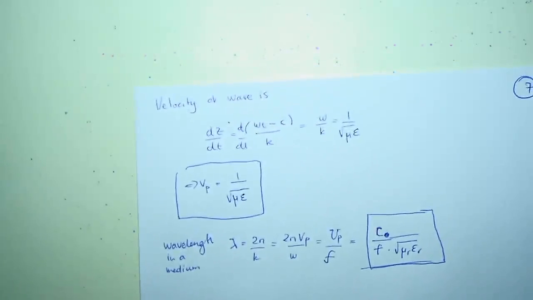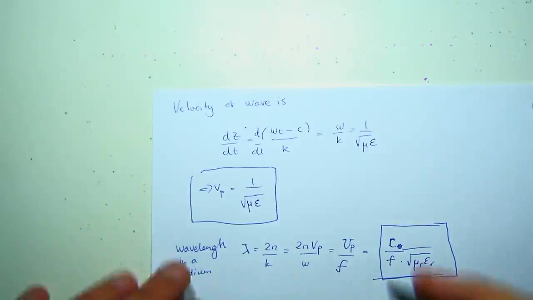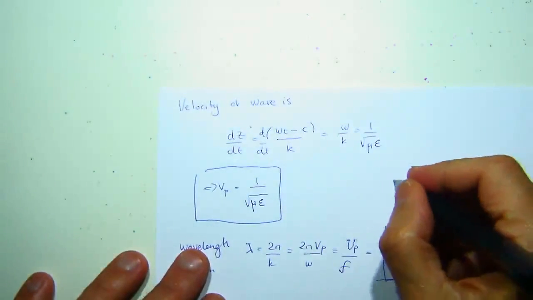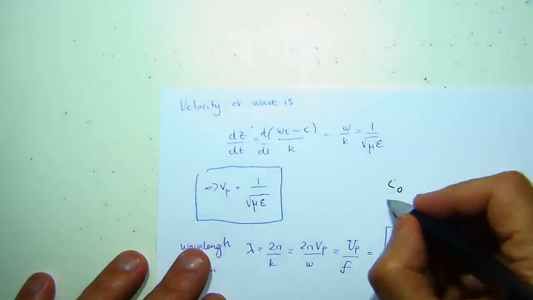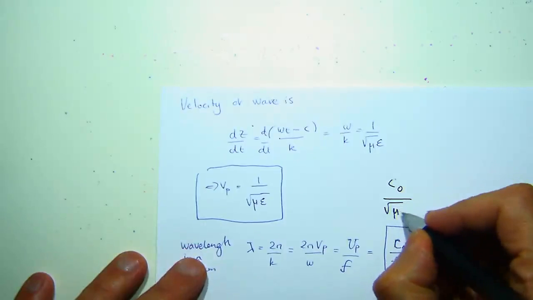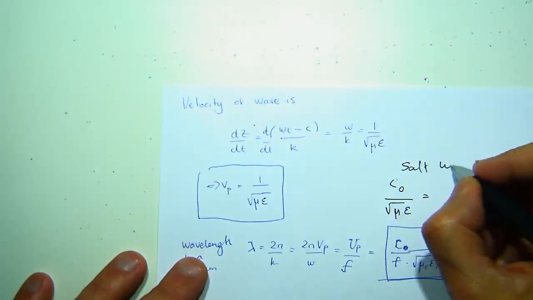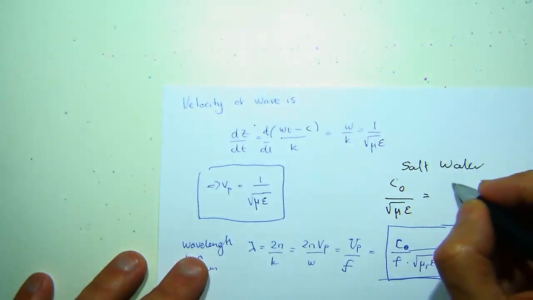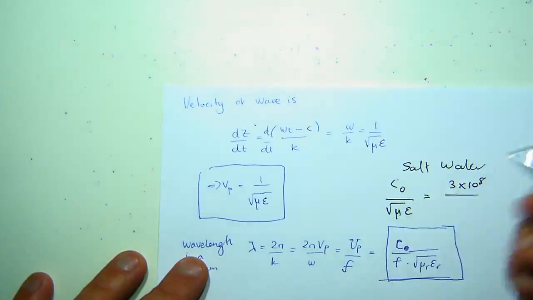Guys, the equation's here in front of you, right? So if you're in a different material, it would be the speed of light, which I'll write as 3 times 10 to the 8, and mu remains the same, right?